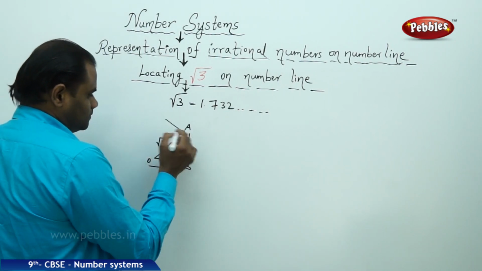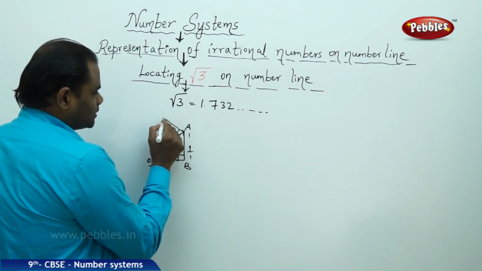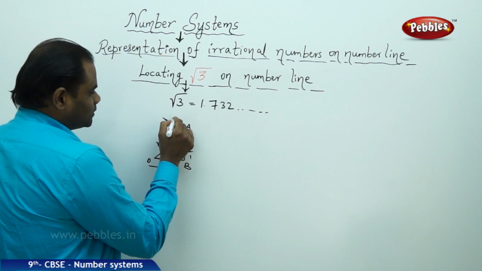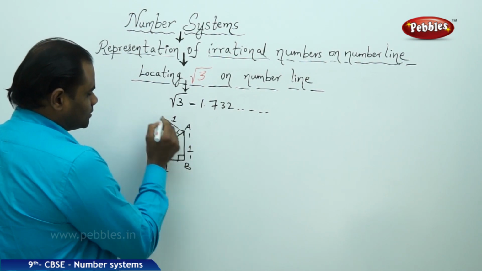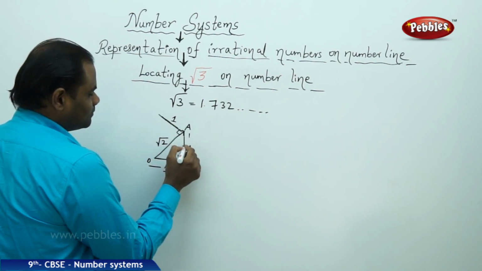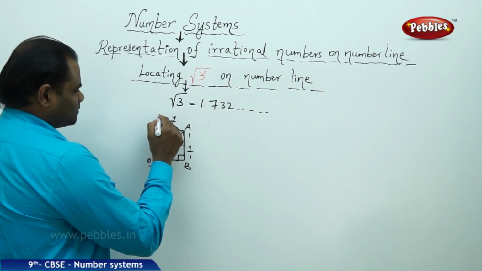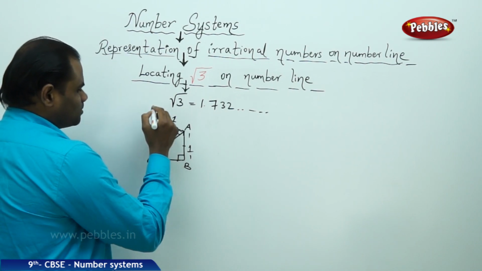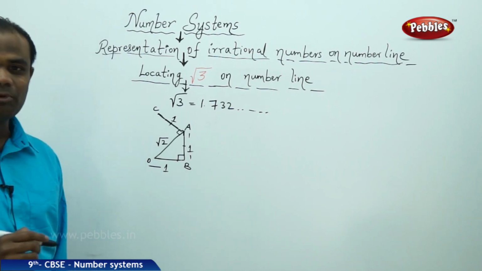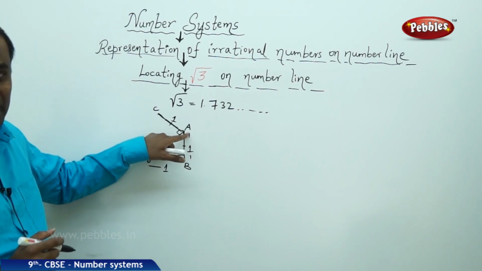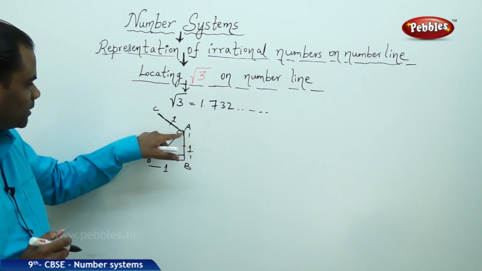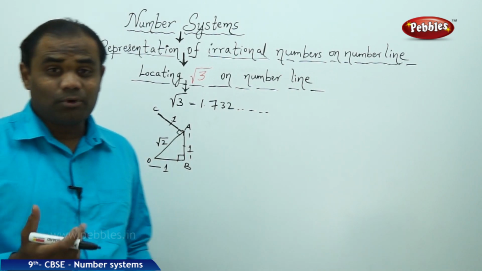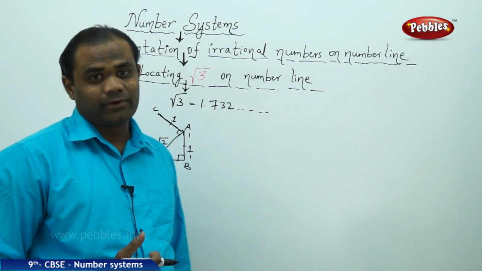So here I construct exactly with the distance being 1 unit. This is exactly same as this 1 unit. So here I mark this to be C. C is the point which is exactly 1 unit from A and which is perpendicular to the hypotenuse OA of the right angle triangle.